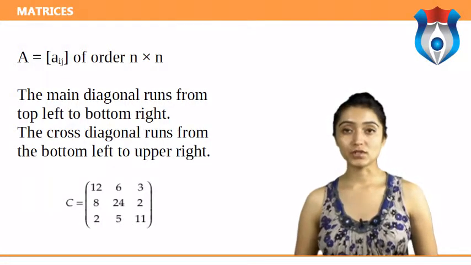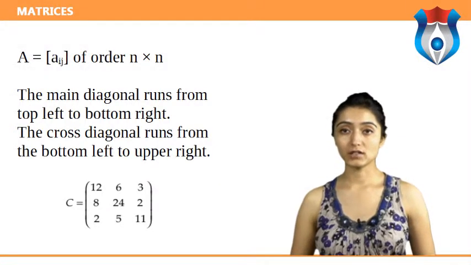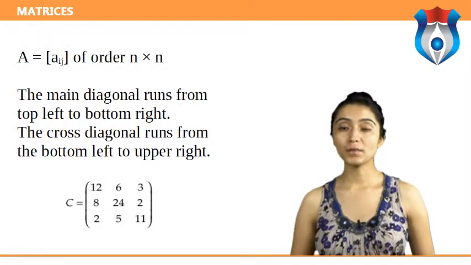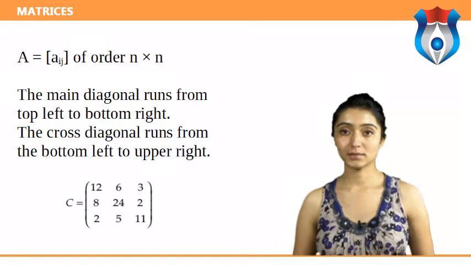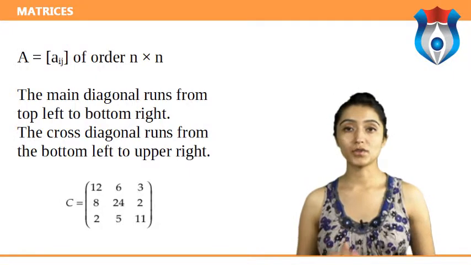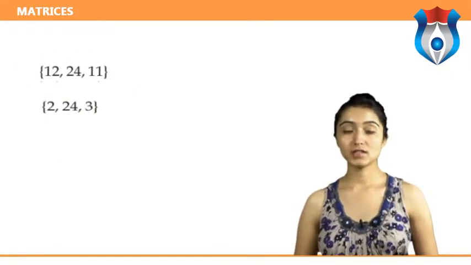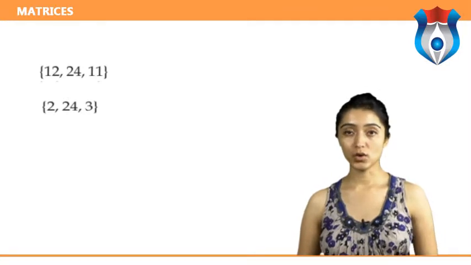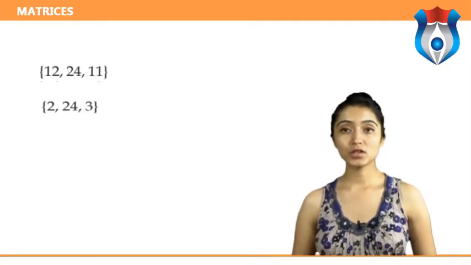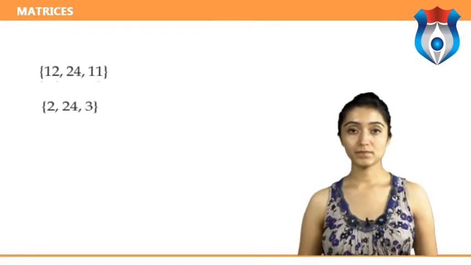Its n components A of ij form the main diagonal, which runs from top left to bottom right. The cross diagonal runs from the bottom left to upper right. The main diagonal of the example matrix is 12, 24, 11, and the cross diagonal is 2, 24, 3.